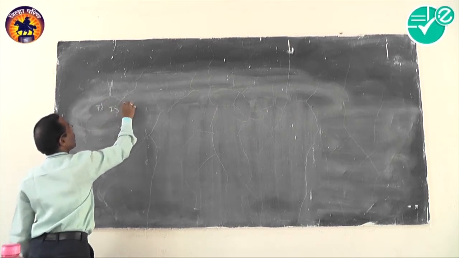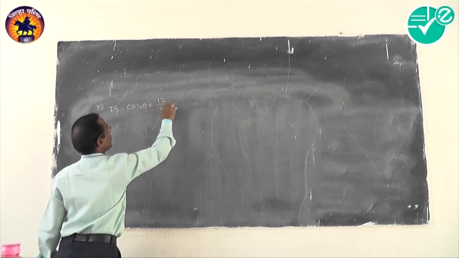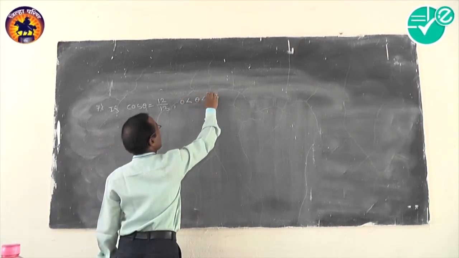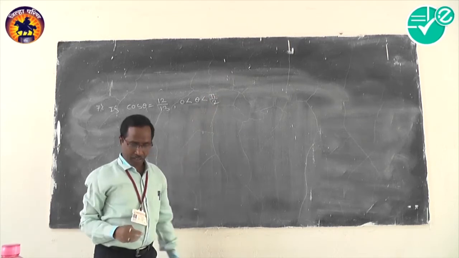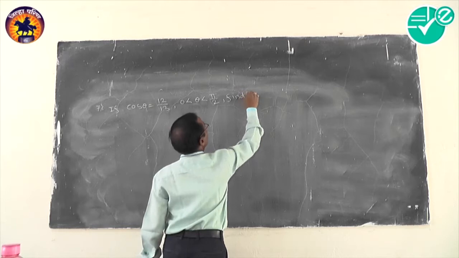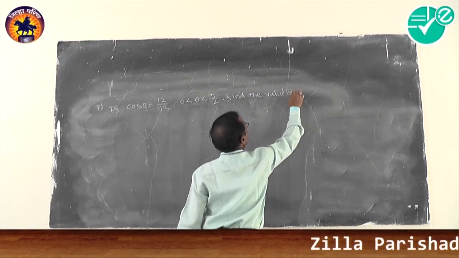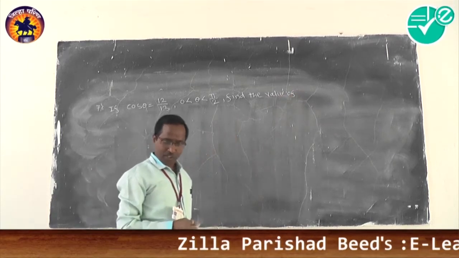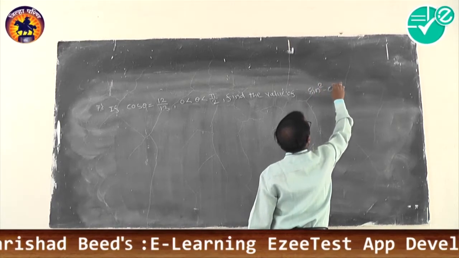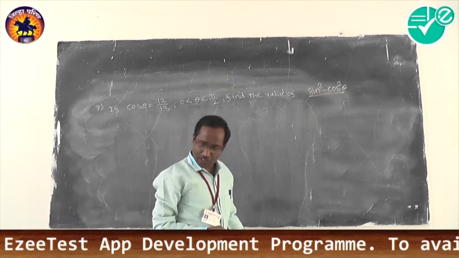If cos theta is equal to 12 upon 13, where 0 is less than theta is less than pi by 2, then find the value of sin square theta minus cos square theta divided by 2 sin theta into cos theta.